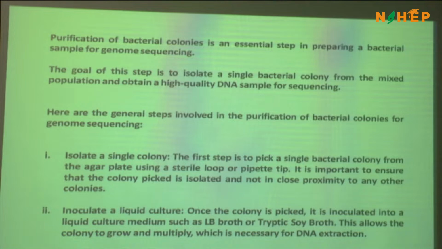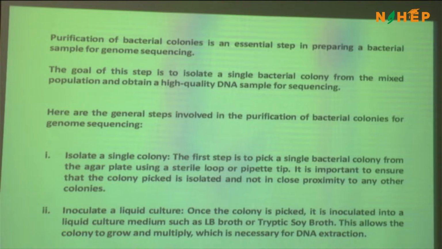There may be a possibility something else may grow, so you have to take care of all those finer details so that what you inoculate is the one you really want, what is multiplying is the one you really inoculated, and finally what you got as a biological material is the one you really wanted to sequence or do the microbial analysis or metagenome analysis. Every point you need to be very, very careful. If you make any mistake somewhere, the entire thing will collapse. Okay, be careful on that.